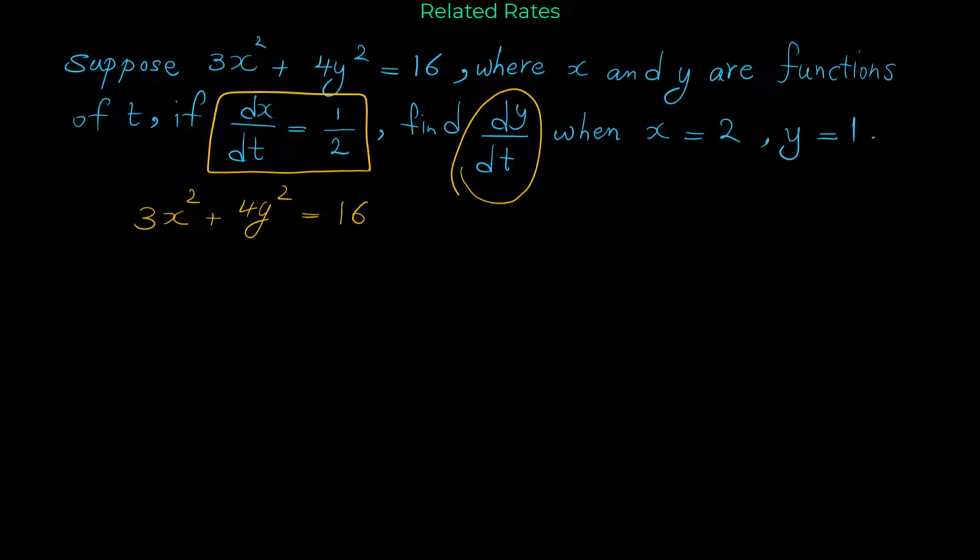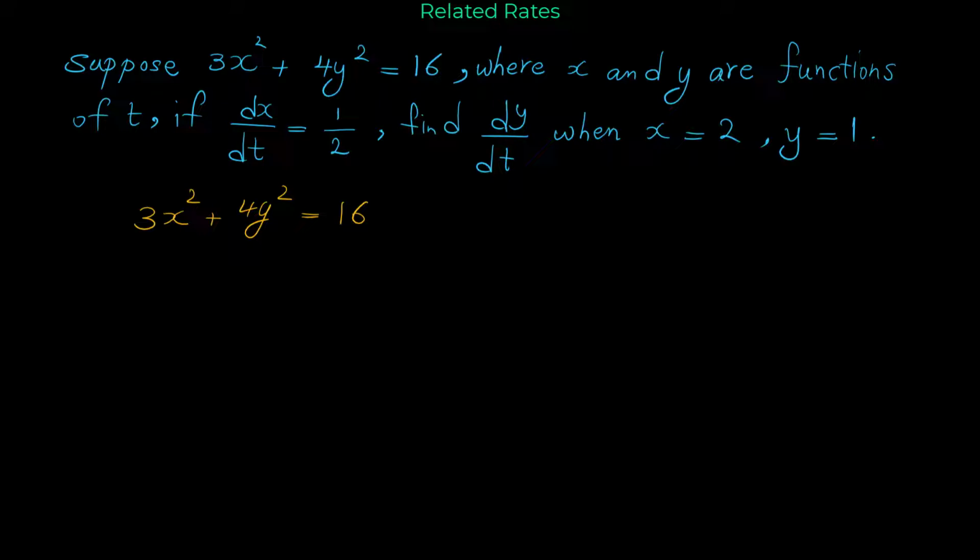We want to know how fast y changes with respect to time when x is 2 and y is 1. This is a related rates question because we want to find the rate of change of a variable with respect to time. To answer these types of questions, we have to differentiate both sides of the equation.